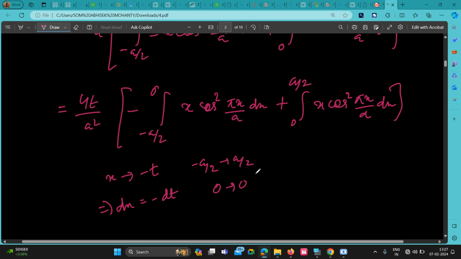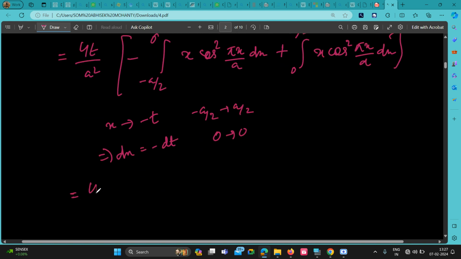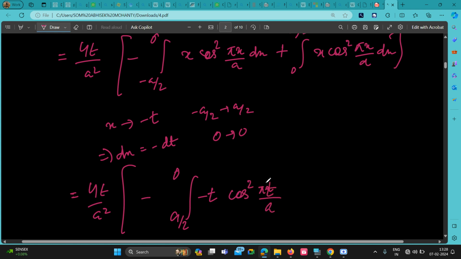So if I change it now, 4 epsilon by a square, just for simplicity, the integral from minus a by 2 to 0 of x cos square pi x by a dx becomes, with x equal to minus t, the same thing, and dx is minus dt.